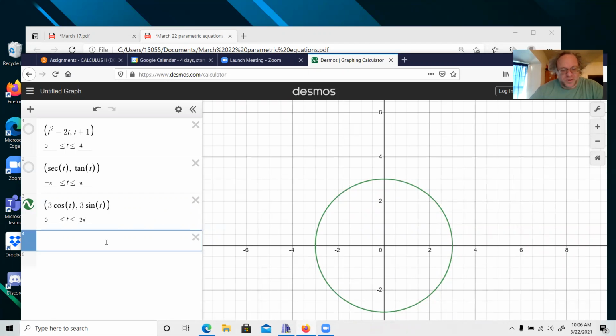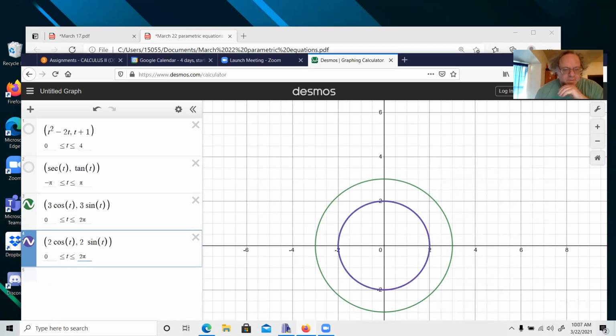We could say this is 2 cosine t, 2 sine t, and again, we're still going to go from 0 to 2 pi, and we'll change that to red. Now it looks like a target. So you've got something to aim for as you're changing your parameters.